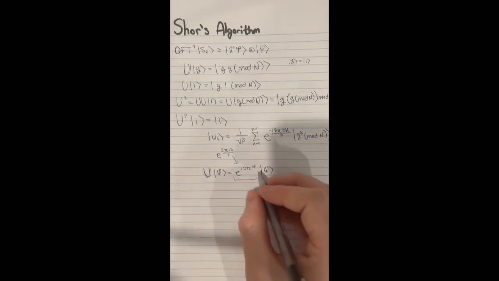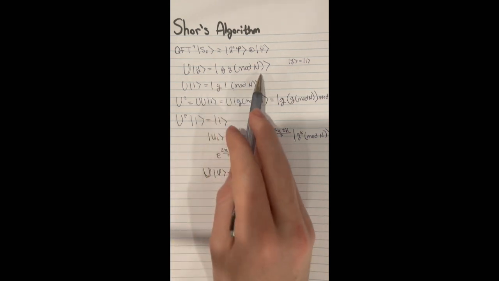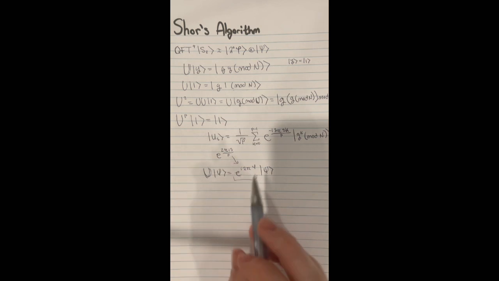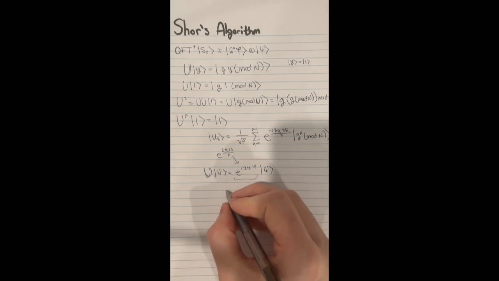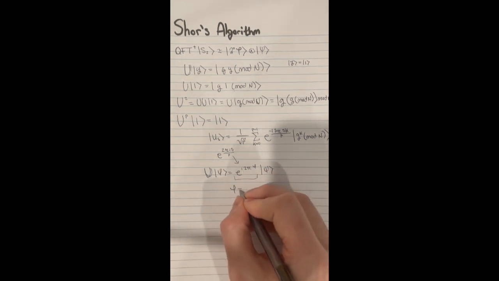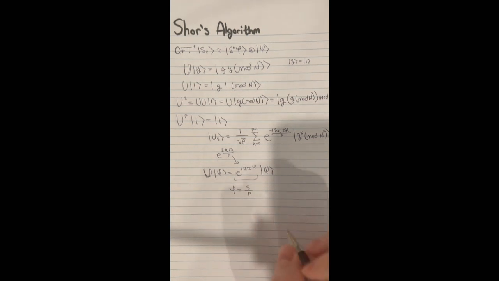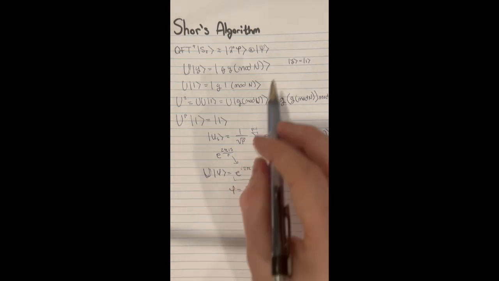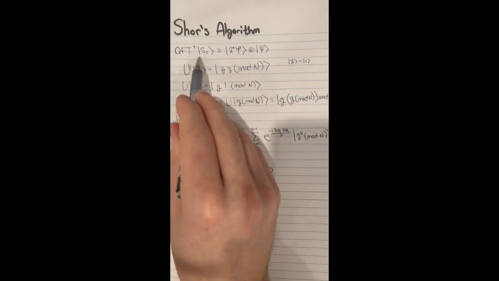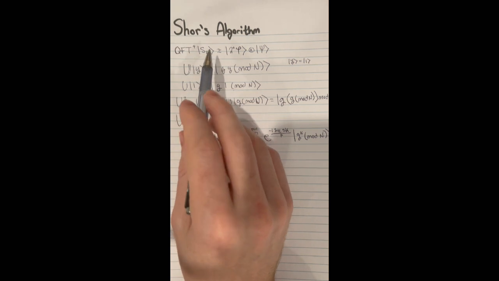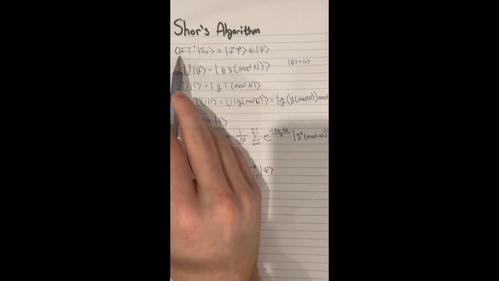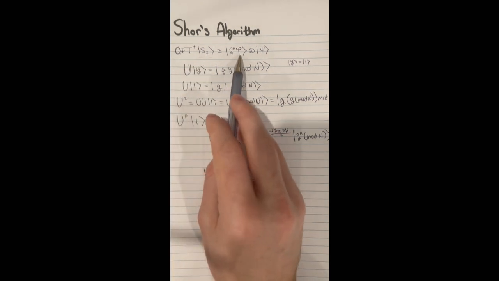So by defining U in the following way, we find that its eigenvalue will give us phi equal to s over p, where p here is this period we're looking for. So from what we found up here, we can use quantum phase estimation to arrive in the state S2 and apply the inverse quantum Fourier transform to S2 to extract the phase information.